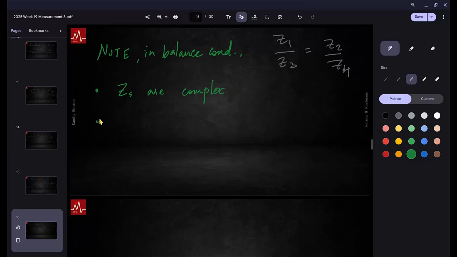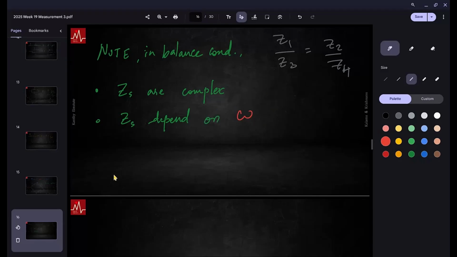The j there depends on omega. So the balance condition is now frequency dependent. Some frequency balance, some other frequency it need not balance. Balance depends on omega.